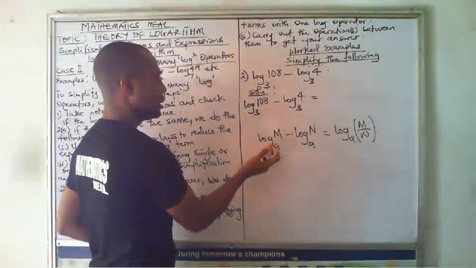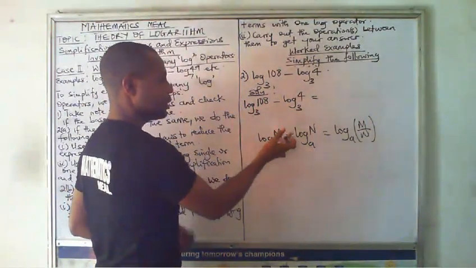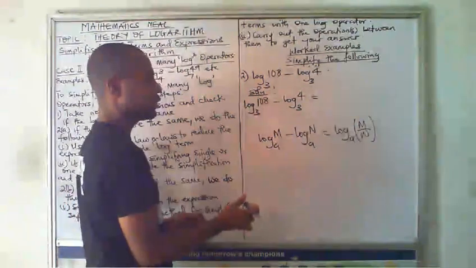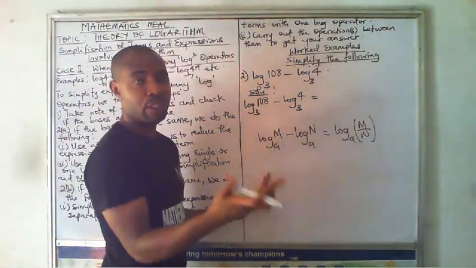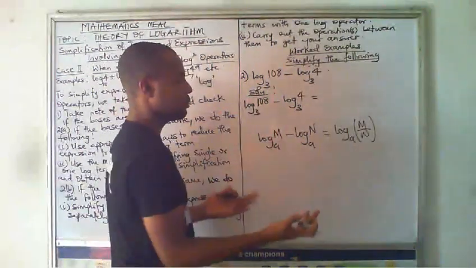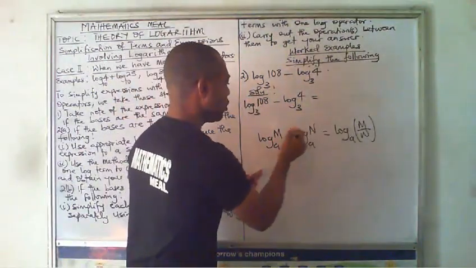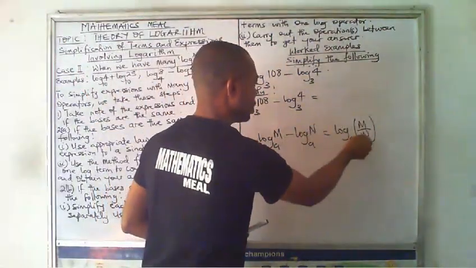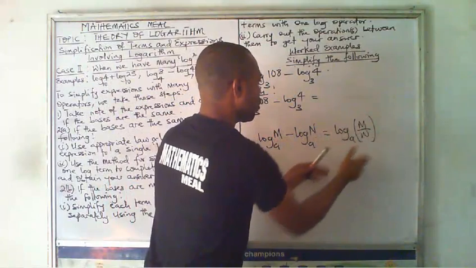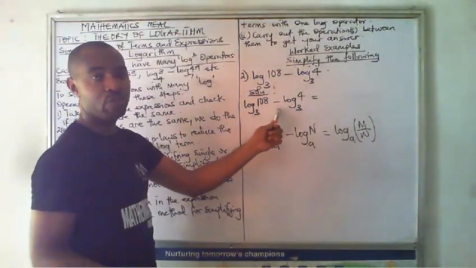The bases are the same and the operation is subtraction. So when the bases are the same and the operation between the logarithms is subtraction, we use the second number to divide the first under their common log.